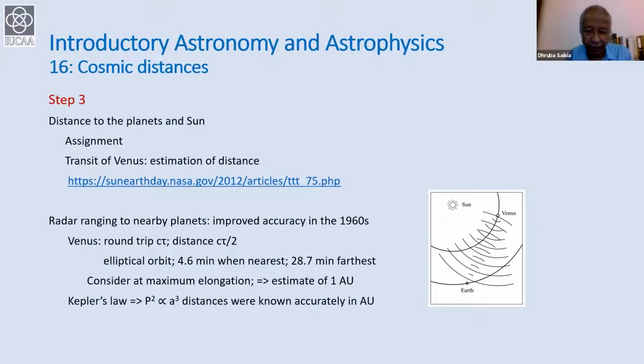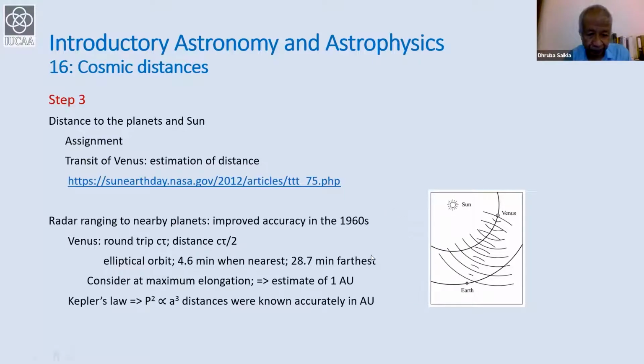But today's modern method of determining distances to the planets, at least nearby planets, is through laser ranging. In fact, the Arecibo telescope, while it existed, had a very powerful radar as well, which was used for a lot of atmospheric work and some other kind of work as well.